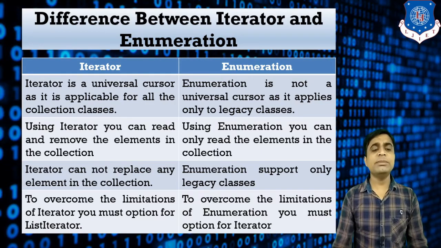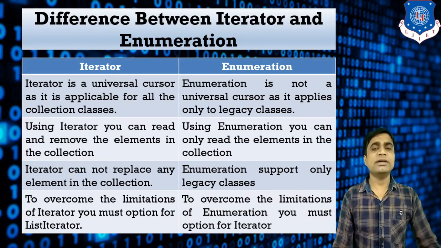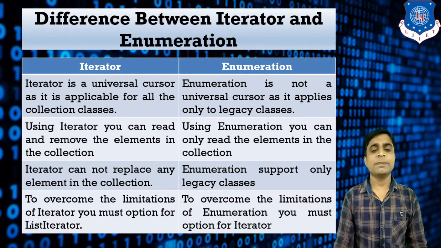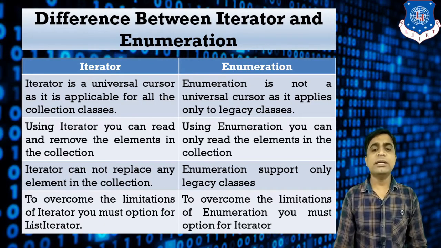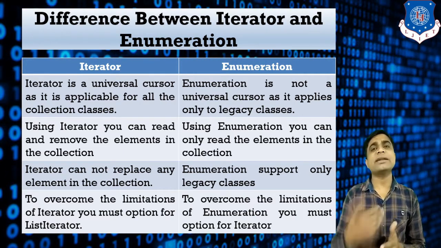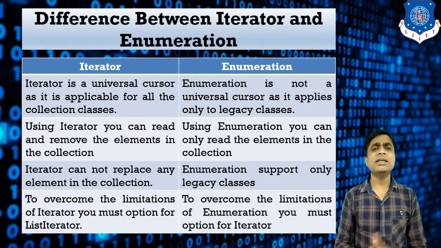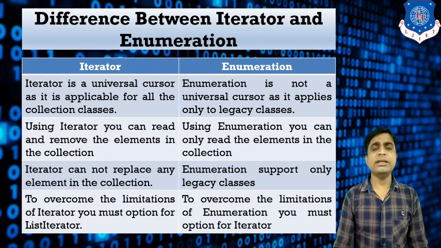To work around the limitation of the Iterator, you must opt for the ListIterator. And to overcome the limitation of the Enumeration, you must opt for the Iterator. So Iterator is better than the Enumeration. This is the difference between the Iterator and the Enumeration.